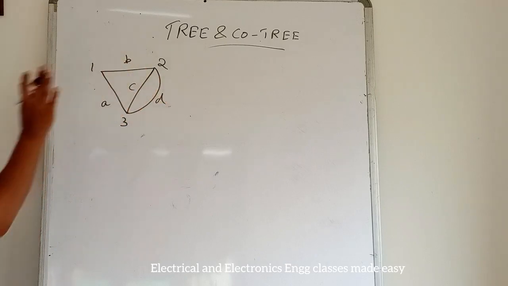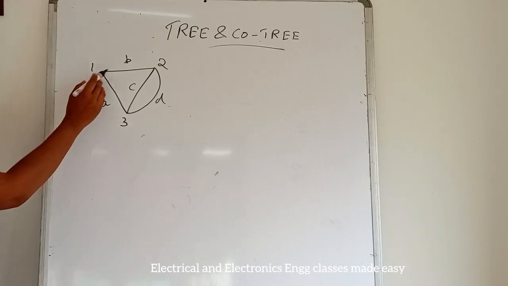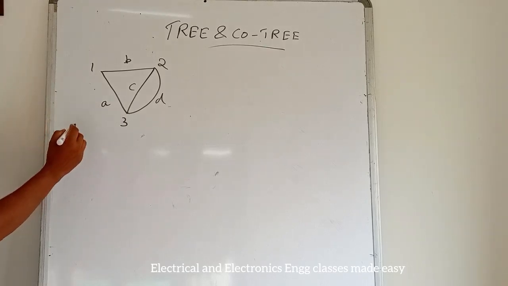Next is tree and chord tree. A tree is a connected subgraph of a network which consists of all the nodes of the original graph but no closed path.